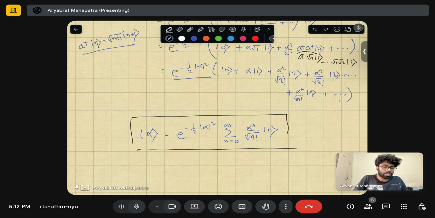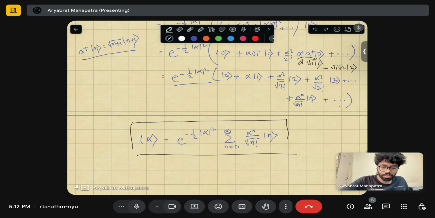So this is important in that regard, and also has many other significance.